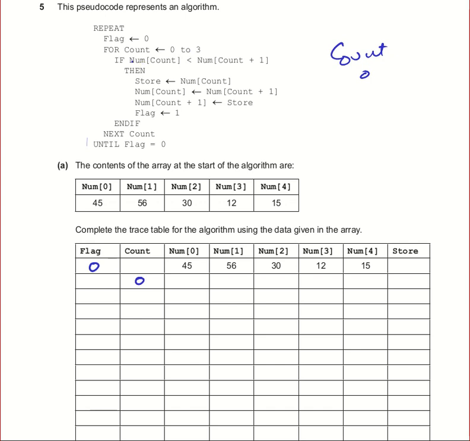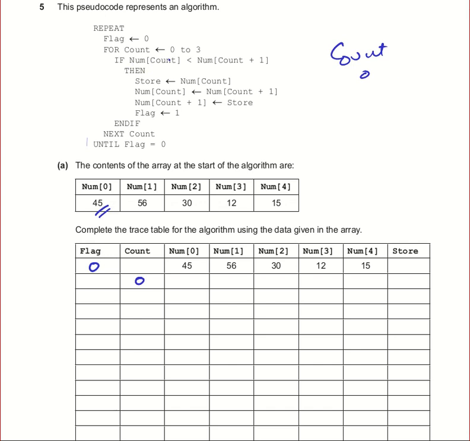And then we have an if statement, a selection or conditional statement, in which the value stored at num count. So count is what? It's 0. That means num 0, which is this value.